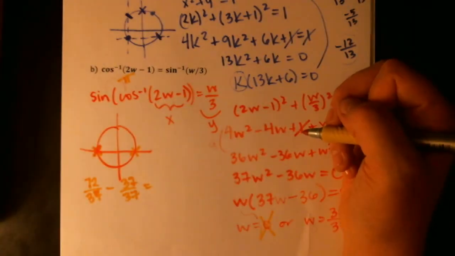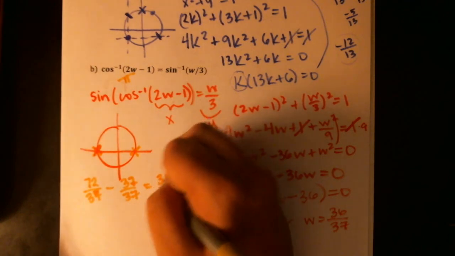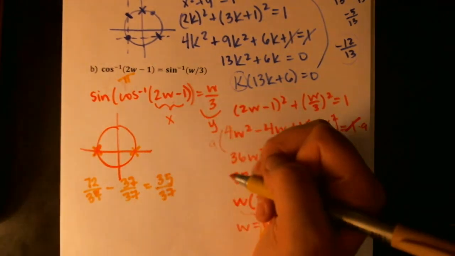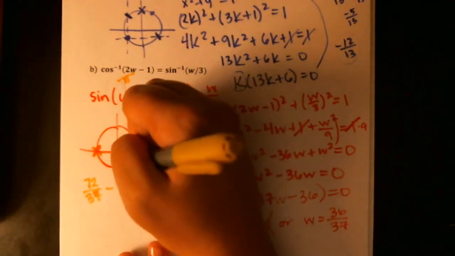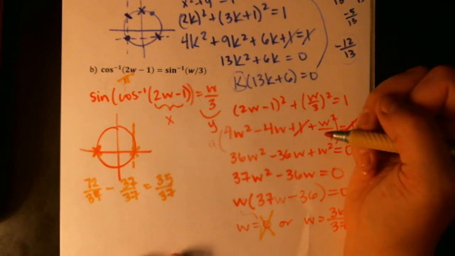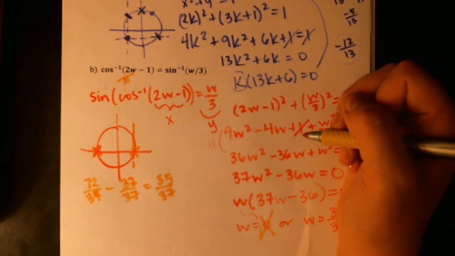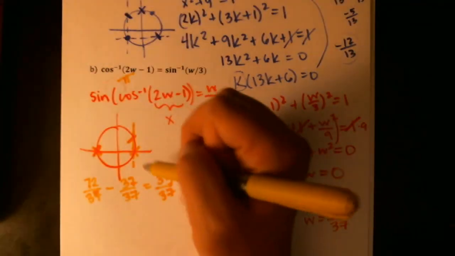So 35 over 37. Okay, so we're getting inverse cosine of 35 over 37, which is really close to the right-hand side of the circle. So that's the x value I'm supposed to have. So right now, I'm really gunning for this top point.